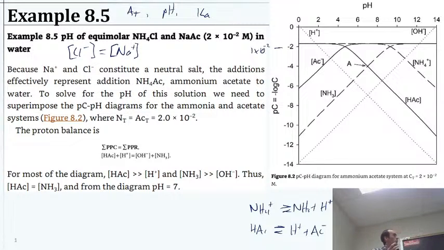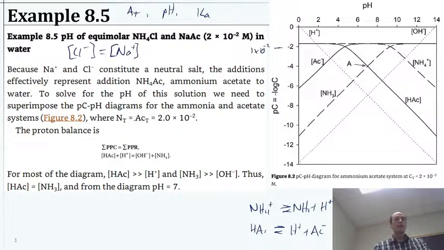Okay, so then we can write up a proton balance to say, okay, if we look at an equivalence point somewhere, and we're kind of looking for that type of a thing in the system, what is the proton balance? So we have the sum of the OH minus generating species on the left and the H plus generating species on the right.